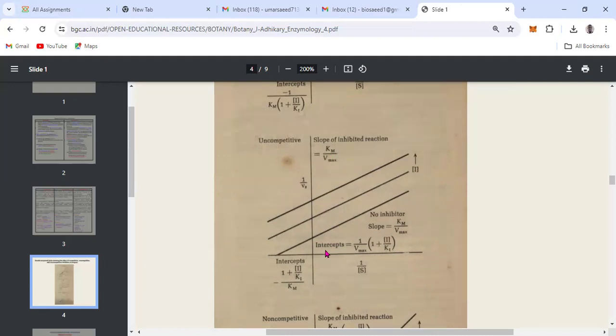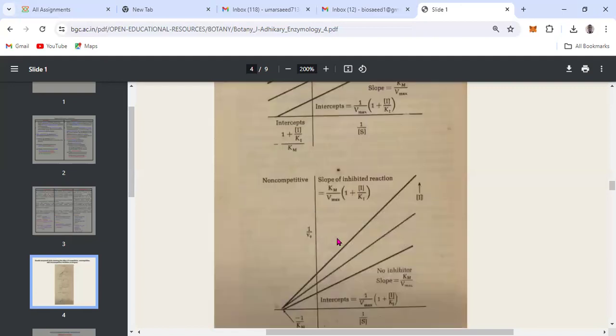But the intercept at the x-axis is minus 1 plus inhibitor concentration over Ki, all over Km. And the intercept at the y-axis will become 1 over Vmax, open bracket, 1 plus inhibitor concentration all over Ki.